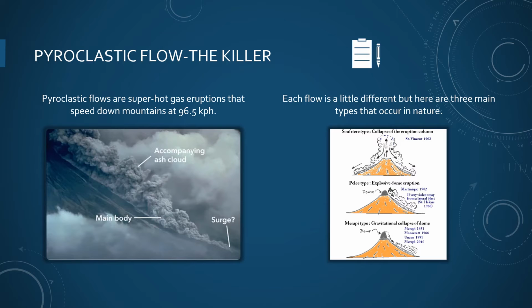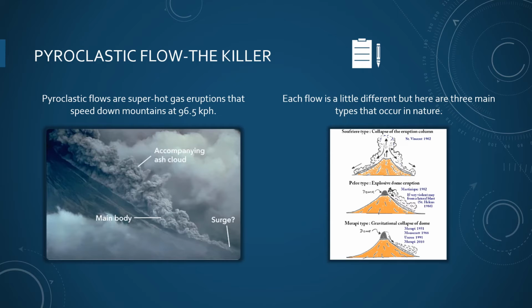We have the one on top there of the three is the most important and probably the most likely for Pompeii, where you see the big mushroom cloud and then a part of that collapses and hugs the mountain as it comes down. Now you see the two other ones.